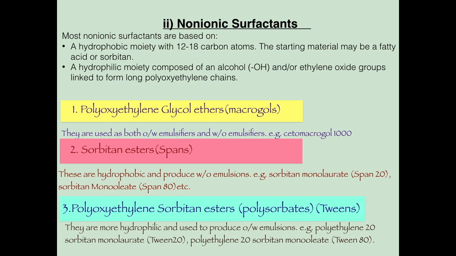Examples are polyethylene 20 sorbitol monolaurate, which is known as tween 20, and polyethylene 20 sorbitol monooleate, which is known as tween 80. Other examples are polyethylene 20 sorbitan monopalmitate, which is known as tween 40, and polyethylene 20 sorbitan monostearate, which is known as tween 60.